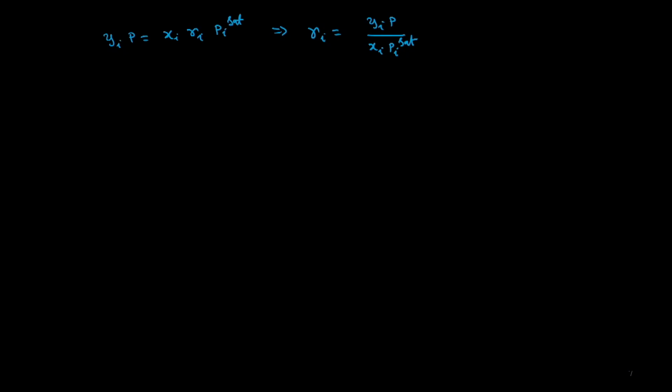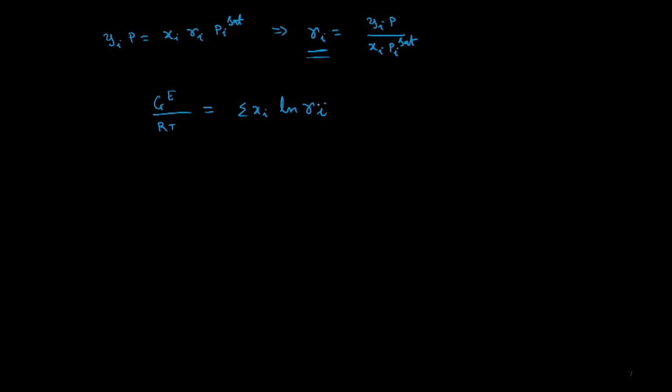I can perform a vapor liquid equilibrium experiment, obtain the composition of the liquid phase, which is x_i, the composition of the vapor phase, which is y_i, the total pressure P, and I know the pure component vapor pressures P_i sat. And if I have this information, I can calculate the activity coefficient gamma_i. And once I calculate gamma_i, remember we said G^E over RT is sigma x_i ln gamma_i.